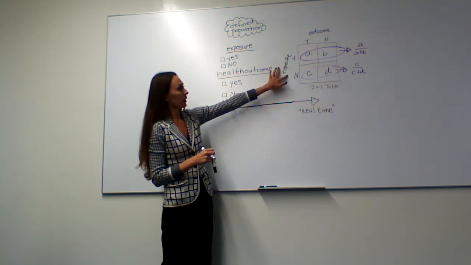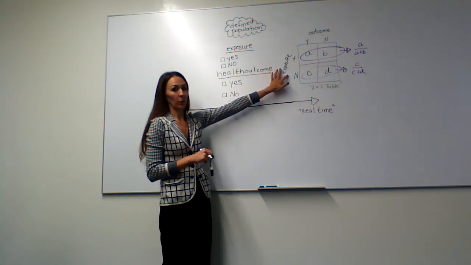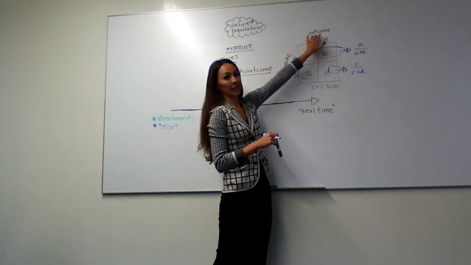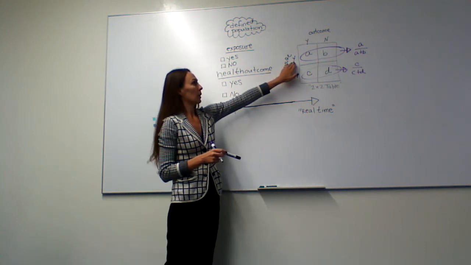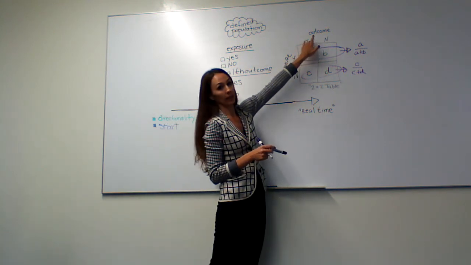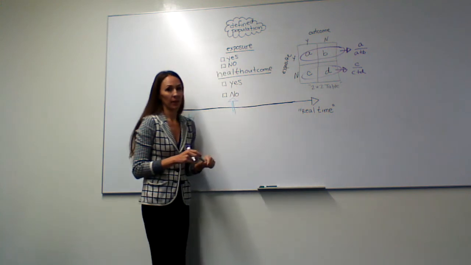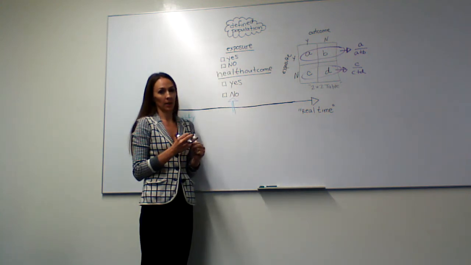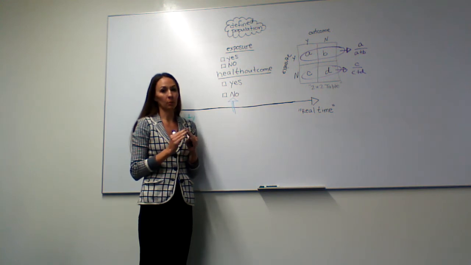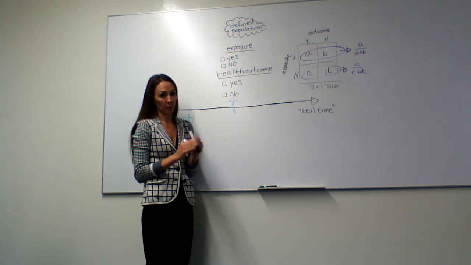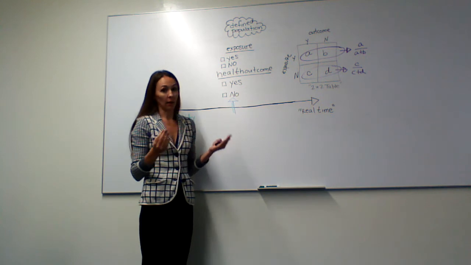Now, let's say we're talking about a risk factor exposure and a disease as the health outcome. So let's say smoking and lung cancer. We would expect those who were exposed to have the disease at a higher proportion than those not exposed. That would be our hypothesis.